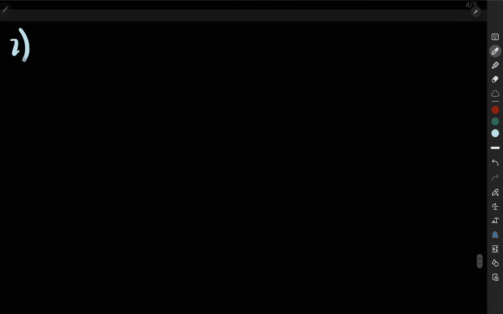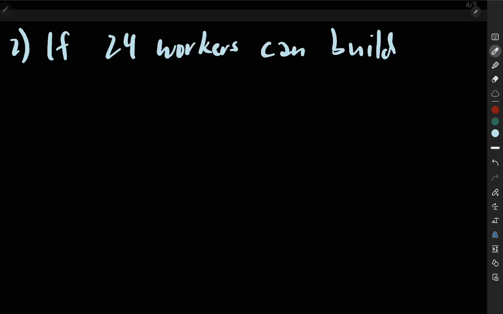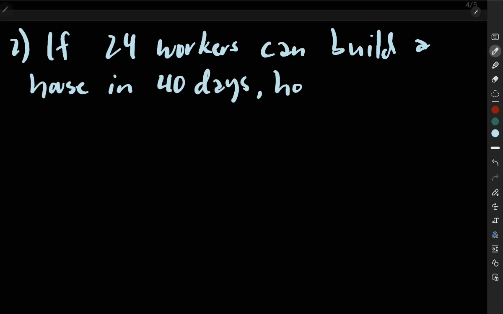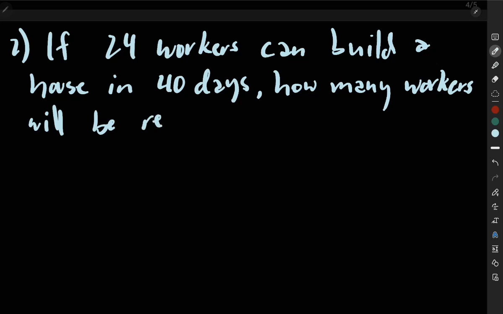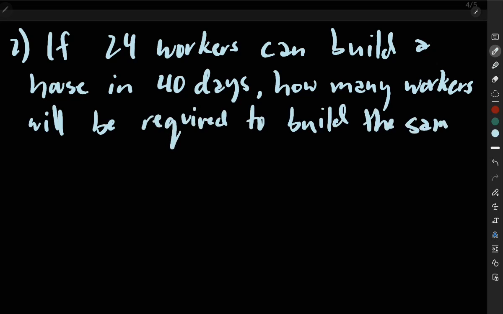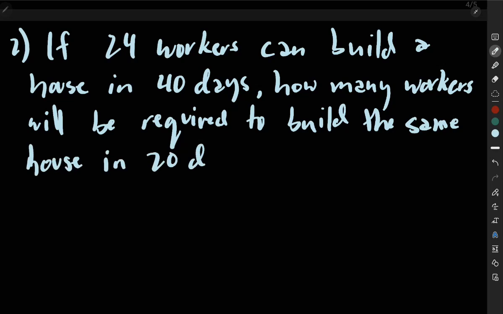So example number 2 for inverse. If 24 workers can build a house in 40 days, how many workers will be required to build the same house in 20 days?